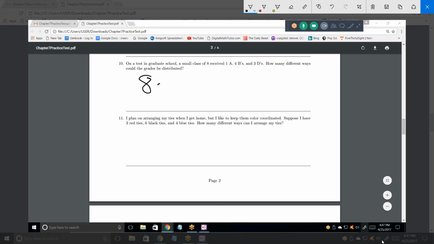Now, on number 11, isn't that just add them all up since the order doesn't matter? And wait, no, because you have to factor in the colors that they are. Well, let's see. You have 13 total ties.